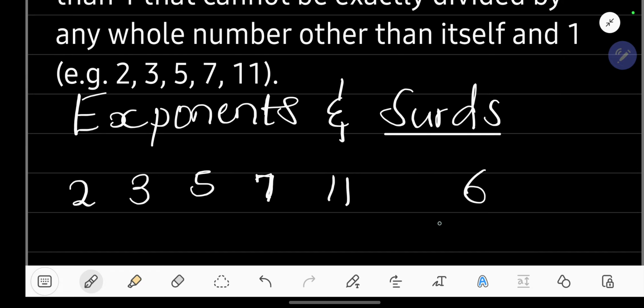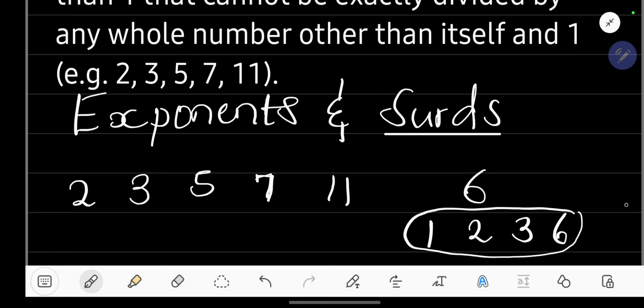Why is 6 not a prime number? You can divide it by 1, you will get 6. By 2, you will get 3. By 3, you will get 2. By 6, you will get 1. So you can divide it by more than 2 numbers.